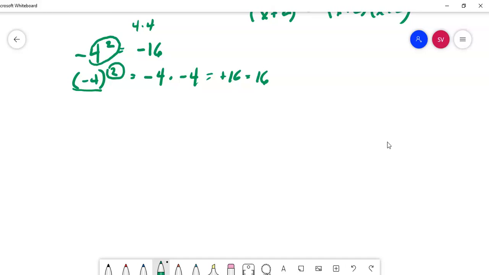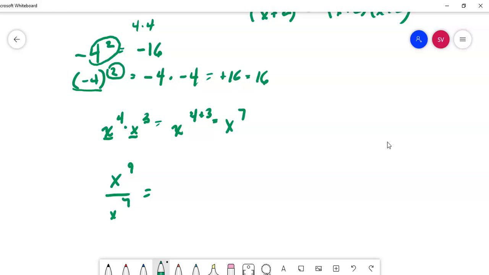Now if you look at multiplication and division, say I have x to the fourth times x to the third. If you have common bases involved in multiplication, then all we do is add the exponents. So this becomes x to the 4 plus 3, or x to the 7th. For division, say I have x to the 9th over x to the 7th.